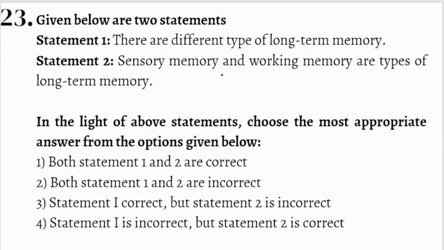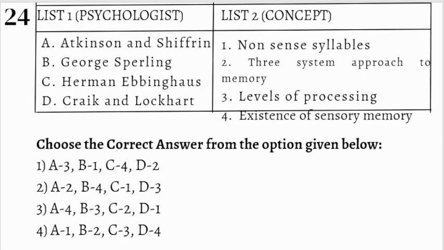There are different types of long-term memory. Yes, we have declarative, non-declarative, and under them episodic, semantic, procedural. So there are different types, sure. So statement 1 is correct. Sensory memory and working memory are types of long-term memory. No, they are not. They are different. Sensory memory is the sensory register and working memory is short-term memory. They are totally different. So statement 1 is correct and statement 2 is incorrect. Very well done everyone. So moving ahead to the next question.